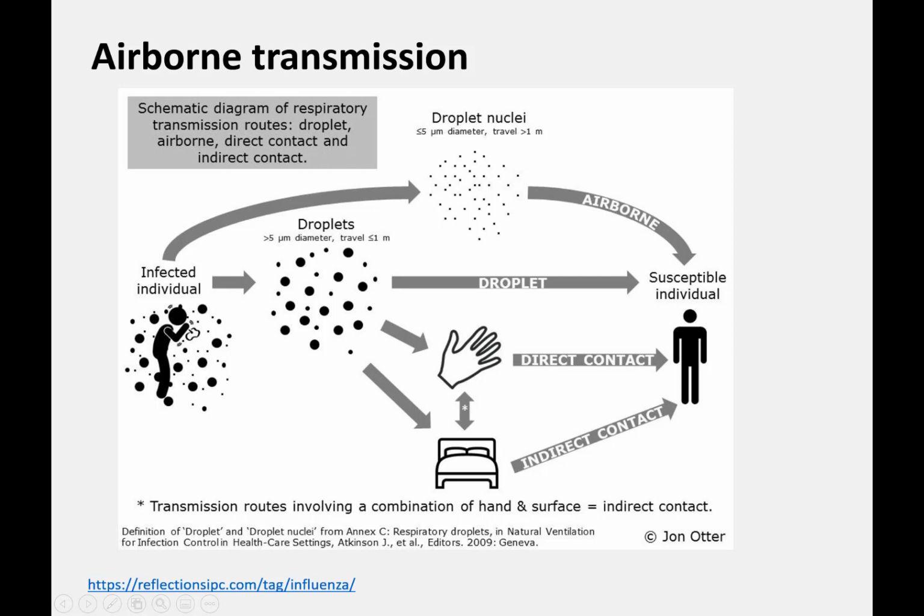And this is just showing you that it's not just the airborne breathing in, but it's droplets on your hands, droplets on other things like fomites, so kind of indirect contact. It's hard to stay sterile in today's society, so the likelihood that you're going to get a cold is very high.